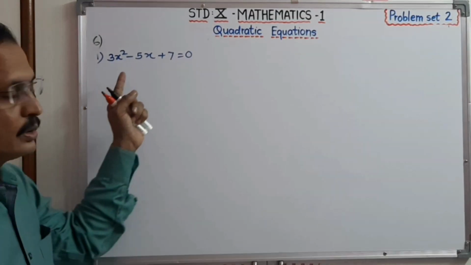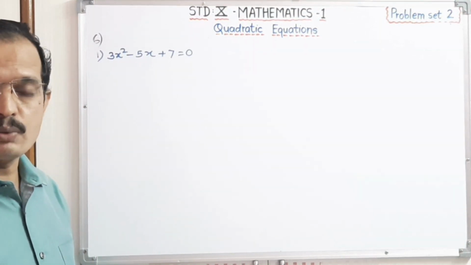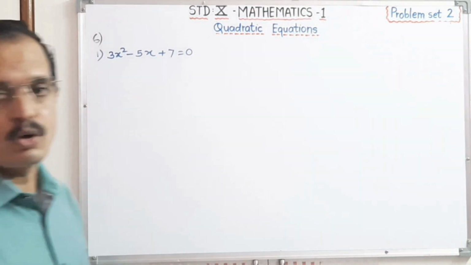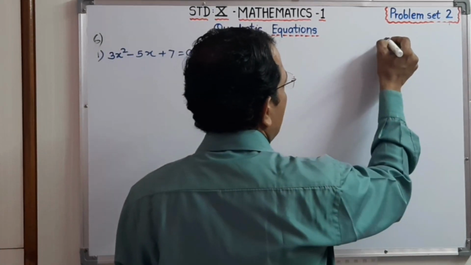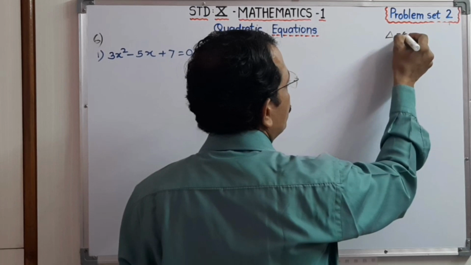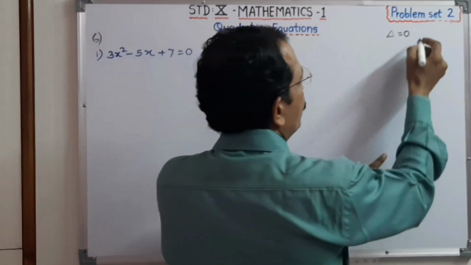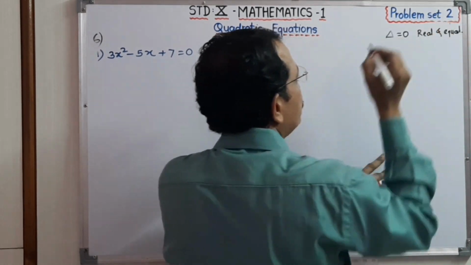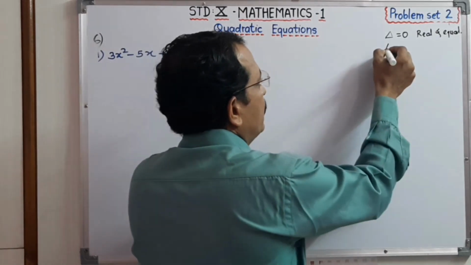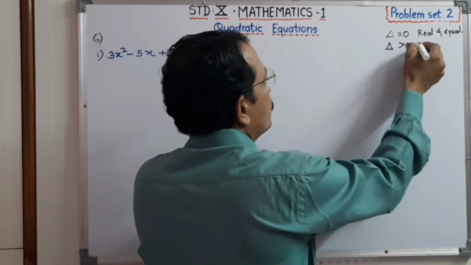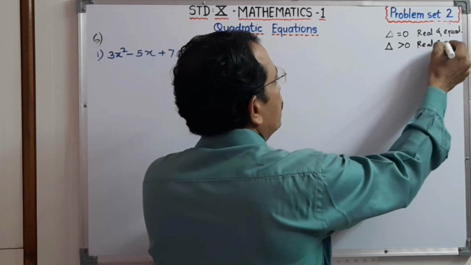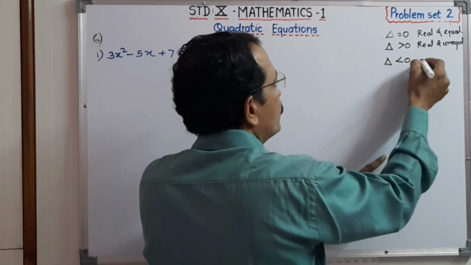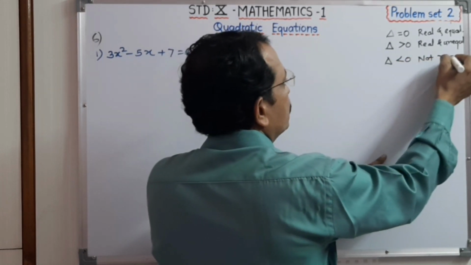Yes students, all of you know that the nature of the roots of a quadratic equation depends upon the value of delta. If delta is equal to 0, then the roots are real and equal. Same way, if delta is greater than 0, then the roots are real and unequal, and if delta is less than 0, the roots are not real.